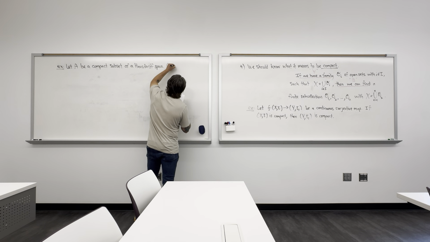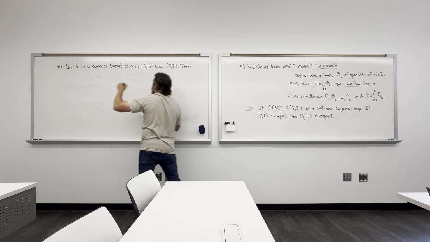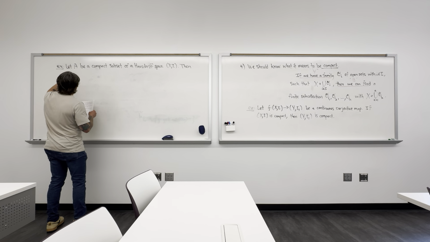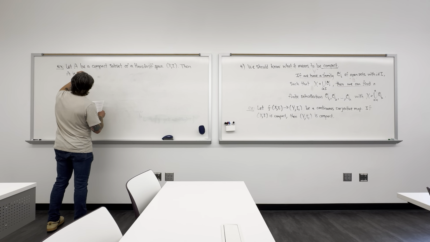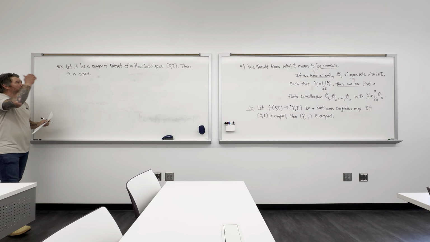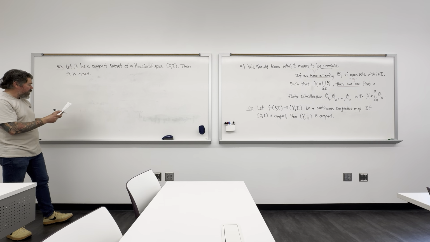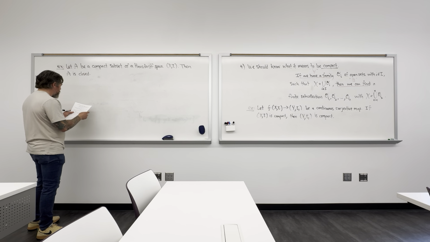We'll call it (X, tau). Then A is closed. Okay? So a compact subset of a Hausdorff space is closed. Okay, so let's prove this.